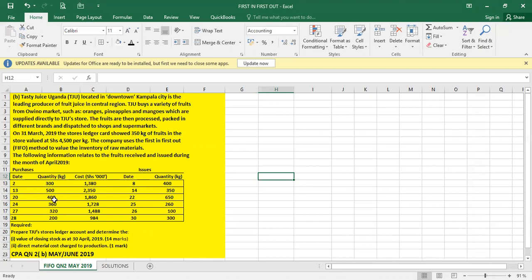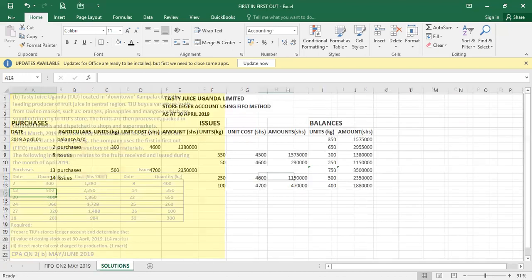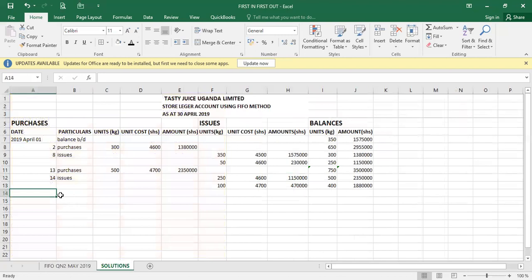On 20th we purchased 400 units at a total cost of 1,860,000. This happened on 20th.